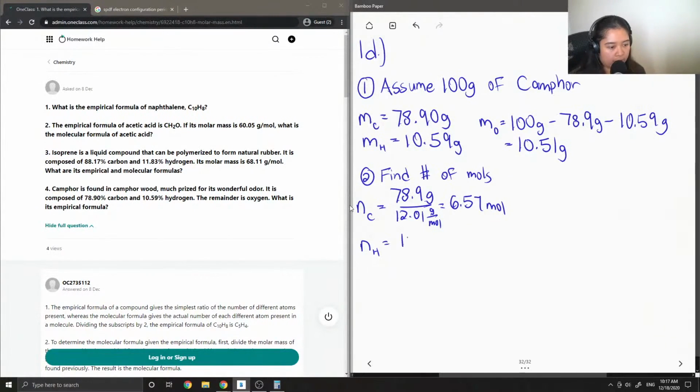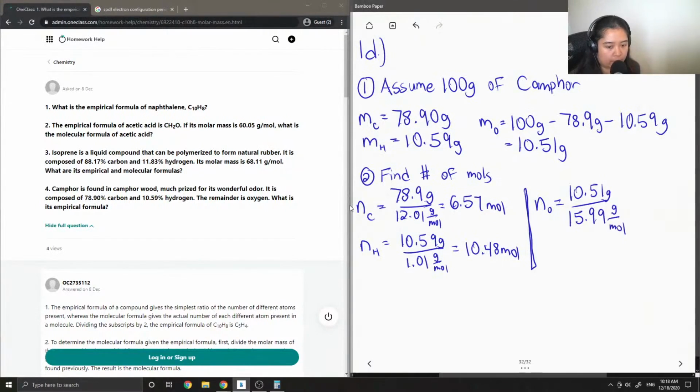For hydrogen, it's 10.59 divided by 1.01. And you end up getting 10.48. And then lastly for oxygen, 10.51 grams divided by the molar mass of oxygen, which is 15.99. So this will give us 0.65.